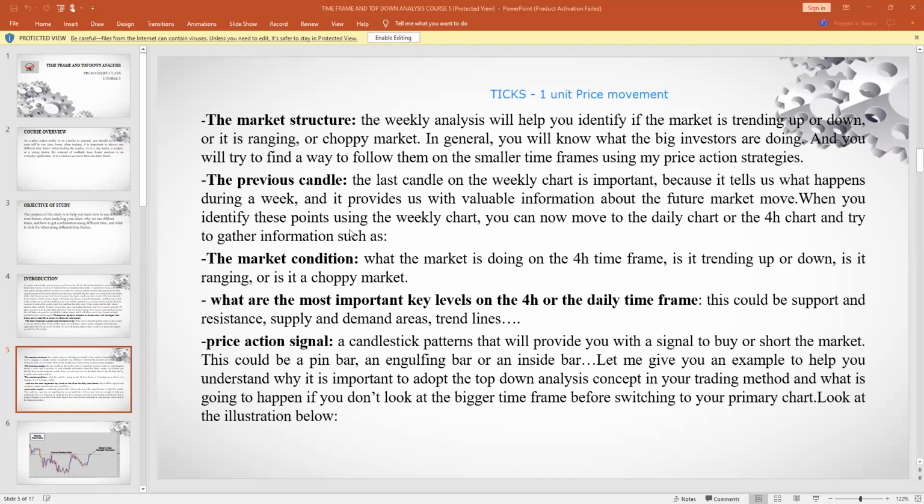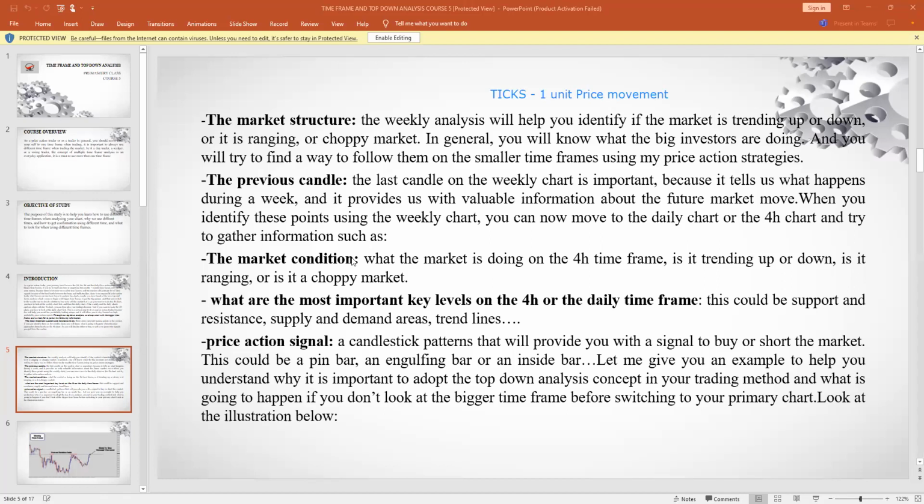All right, so that's a beautiful one. So the candlestick can also indicate that we're expecting a reversal already. Then another thing is, what is the market condition? What's the market doing on the 4 hours time frame? So this is where you now go to the 4 hours time frame. On the 4 hours time frame, what kind of trend do we have? Is it a trending market, a ranging market, or a choppy market?